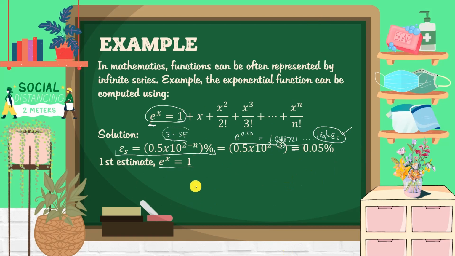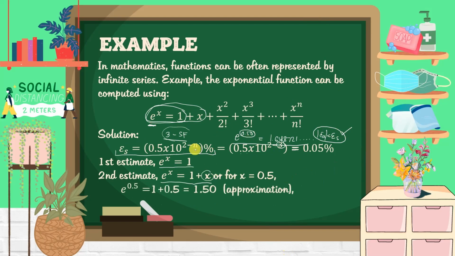The second estimate is then generated by adding the second term, so e raised to x equals 1 plus x, and for x equal to 0.5, we replace x with 0.5 because the value of x we are looking for is 0.5. So we get e raised to 0.5 equal to 1.5. This is the current approximation.